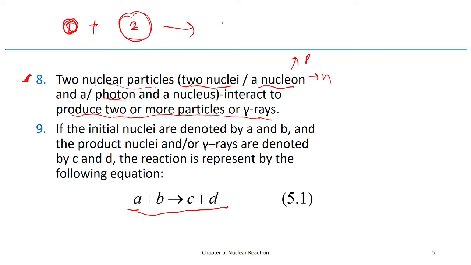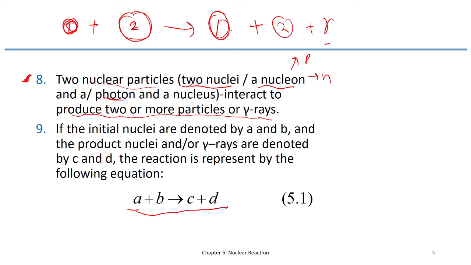So the interaction will produce, in general, one or two particles as well as electromagnetic radiation. So it doesn't necessarily mean you will end with one nucleus plus one particle.